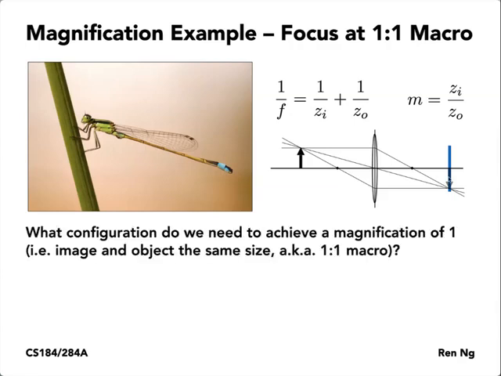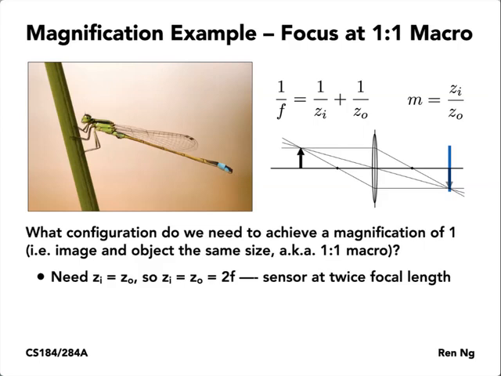In this case, what configuration do we need to achieve a magnification of 1? It turns out that you can reason this through from the magnification being Z sub I over Z sub O. We need Z sub I to be equal to Z sub O for unit magnification.